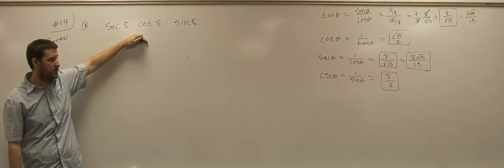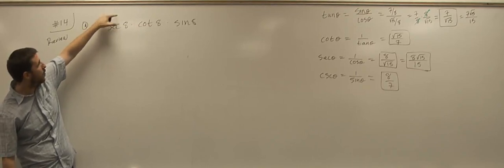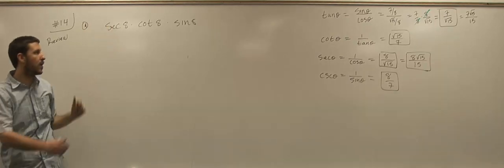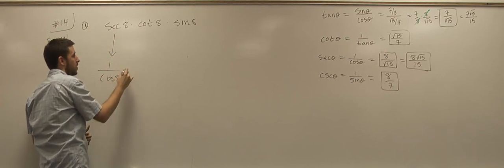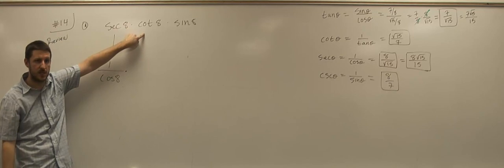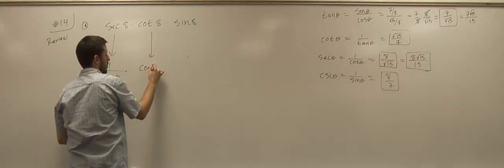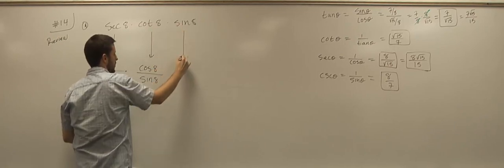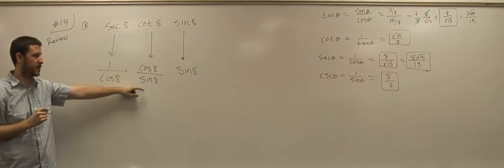Try to put them all in terms of the same functions. So for example, secant is 1 over what? Secant is 1 over cosine. Cotangent is cosine over sine. Sine is just sine. You don't need to simplify it because you already have a sine 8 in the denominator.